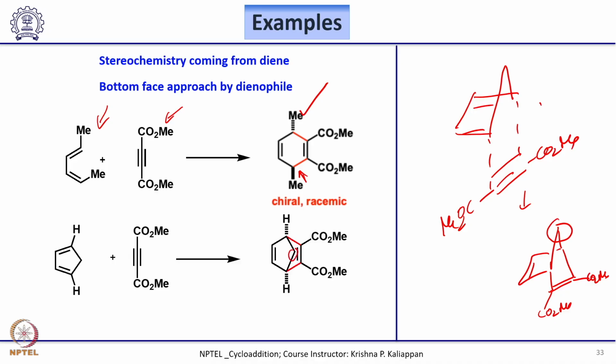Okay. This is beta. These two hydrogens are alpha.